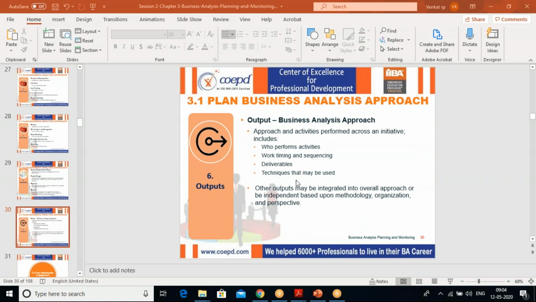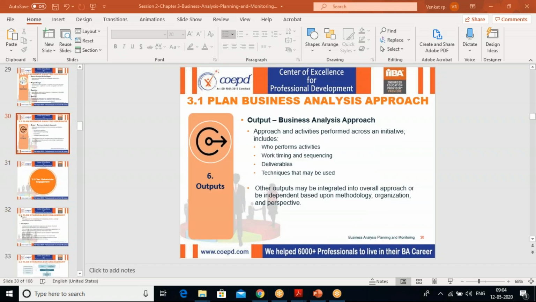And the business analysis approach, if you see what it contains, is who performs these activities and work, timing and sequencing, deliverables, techniques that may be used. All this will be the business analysis approach. Okay, and this approach will be integrated into the overall approach, or it can be independent as well. So it can go in multiple modes.